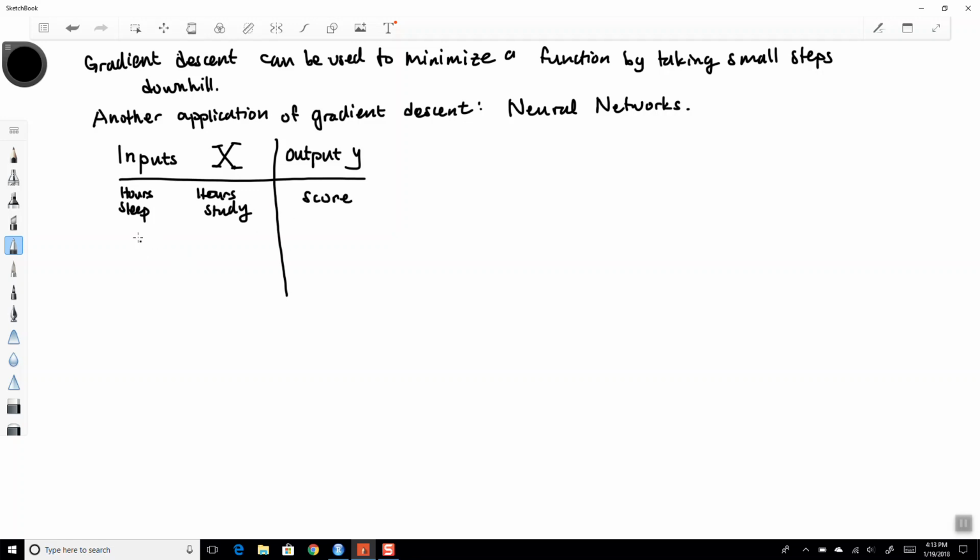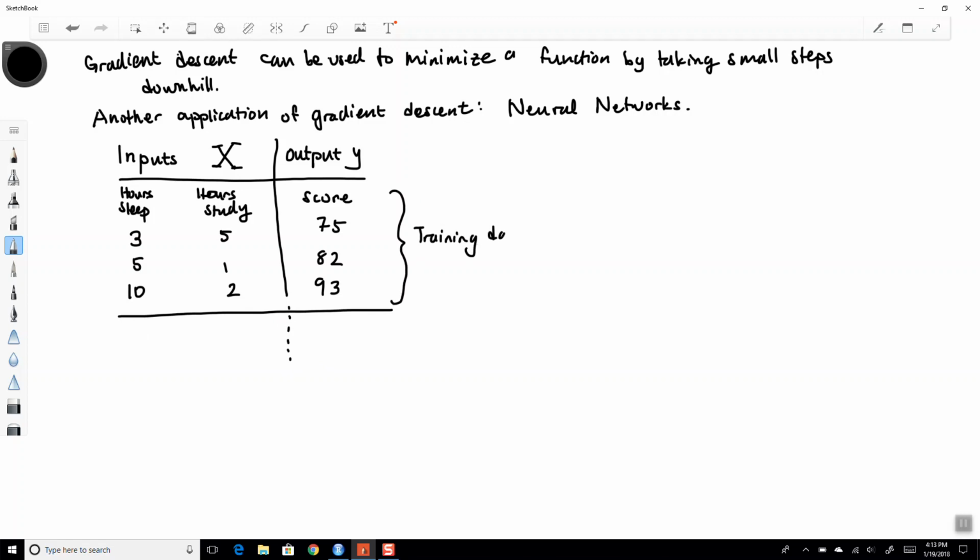These are just made-up data points, but we will say 3, 5, 1, and 2, and the scores were 75, 82, and 93. We want to know about a new point. So this is our training data: we have the inputs and the corresponding outputs.